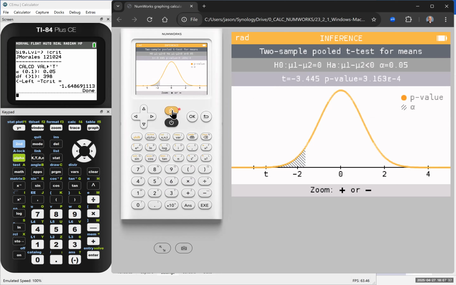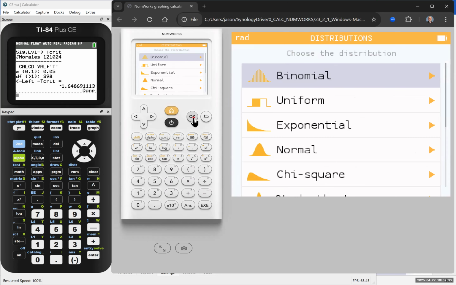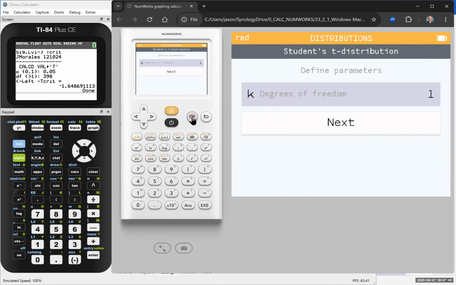All right, so let's go home and we'll go to distributions. We want to go to the Student's t. Degrees of freedom is going to be 398. Forbidden value.